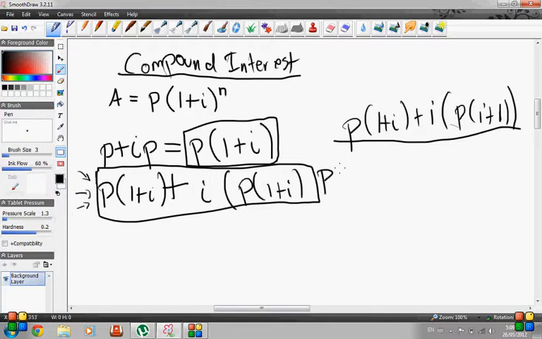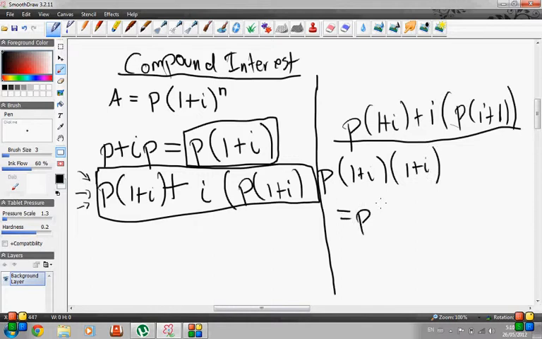So you have P(1 + I), and after you factor it out, the term that's left is 1 + I. This can be simplified to P(1 + I) to the power of 2, which is what you essentially have over here.